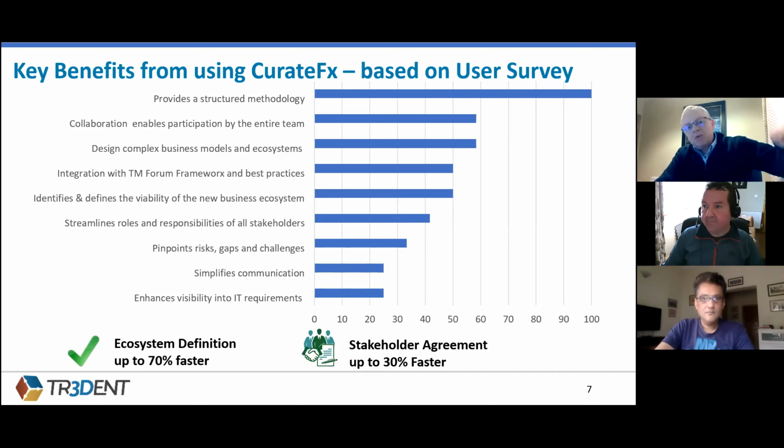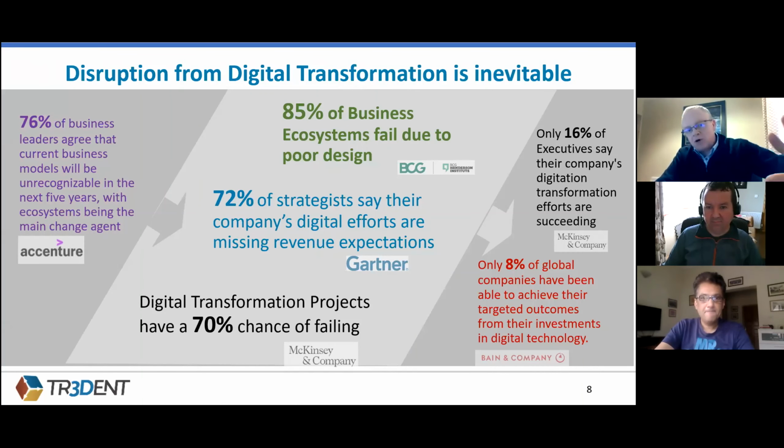So just digging into a little bit about the product, as we're all aware, digital transformation is all over the place, and it's obviously very relevant for lots of people.